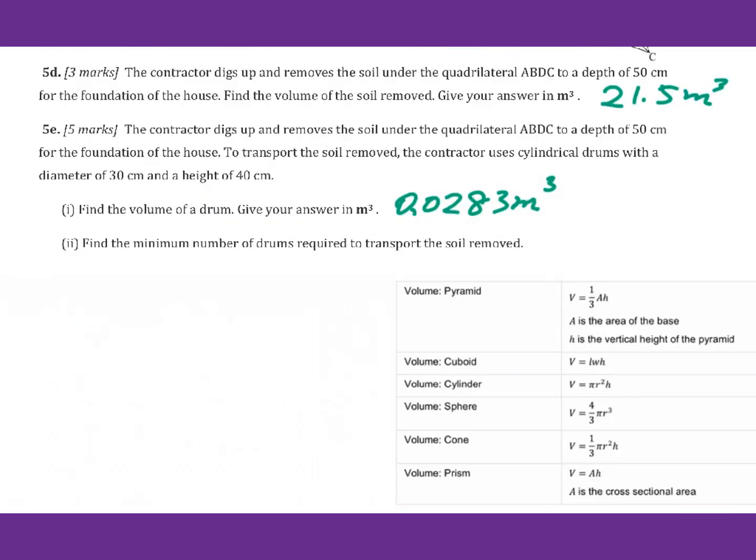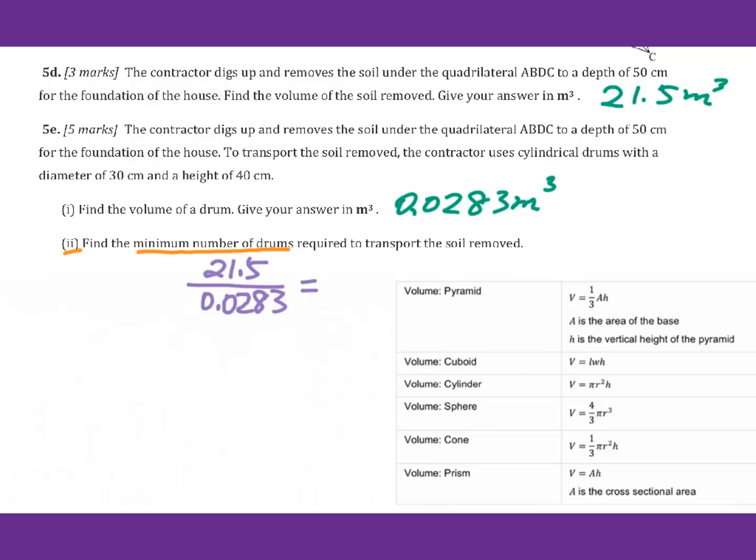Let's go to the second one from 5E. Find the minimum number of drums required to transport the soil removed. The number of drums we can get by doing 21.5 meter cubed over 0.0283.